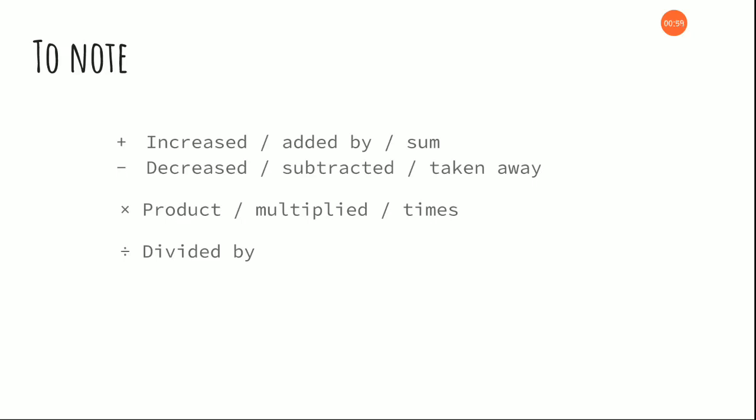And when there is a product, that is the multiplication sign, we can say product, multiplied, and times. Suppose 3 into x is given, it means 3 times x. Then when there is a division symbol, you have to write in the statement as divided by. Is it clear, children? This is just for your information. You can write it in your classwork.